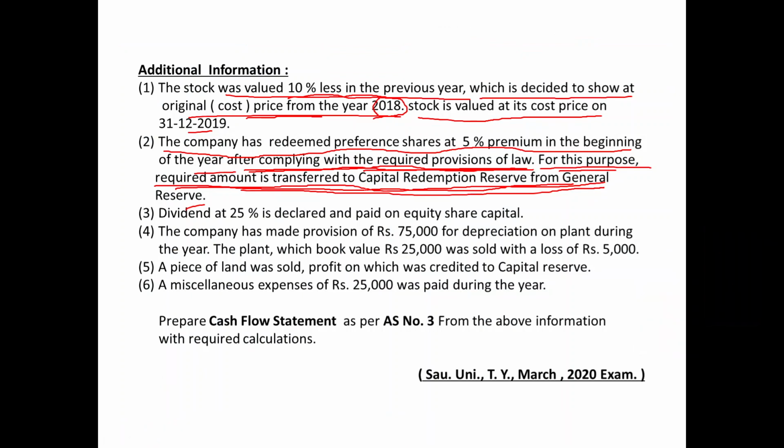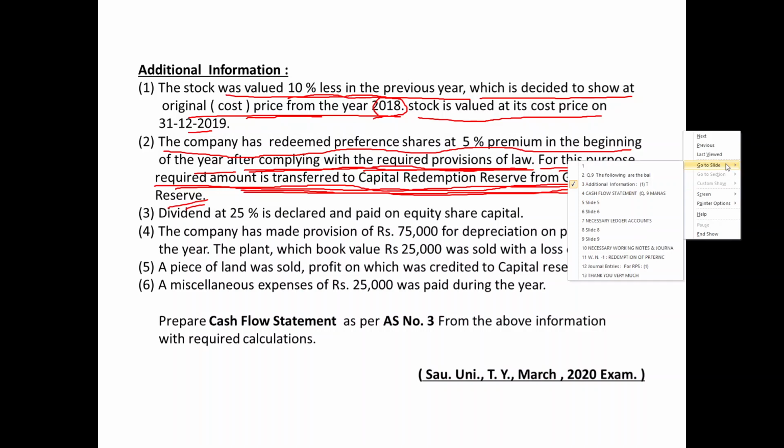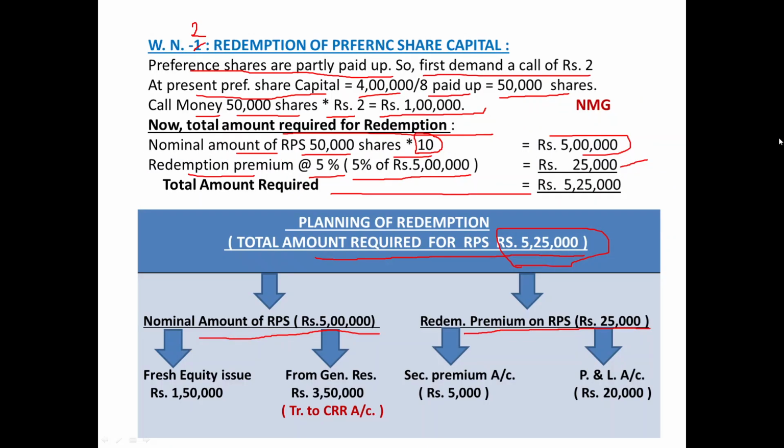Required amount is transferred to capital redemption reserve from general reserve. So from a fresh issue of rupees 1 lakh 50,000, and the required remaining amount of 3 lakh 50,000 has been transferred to capital redemption reserve account from the general reserve.